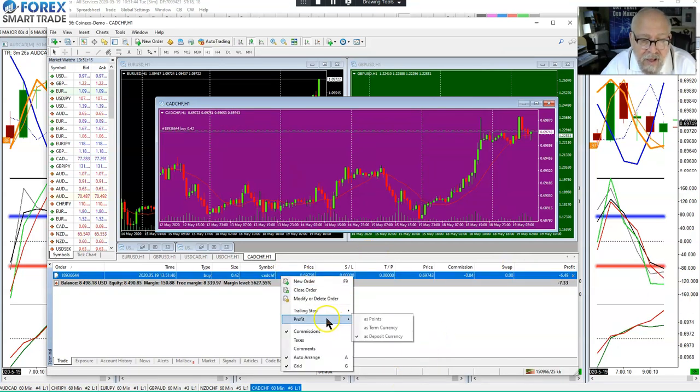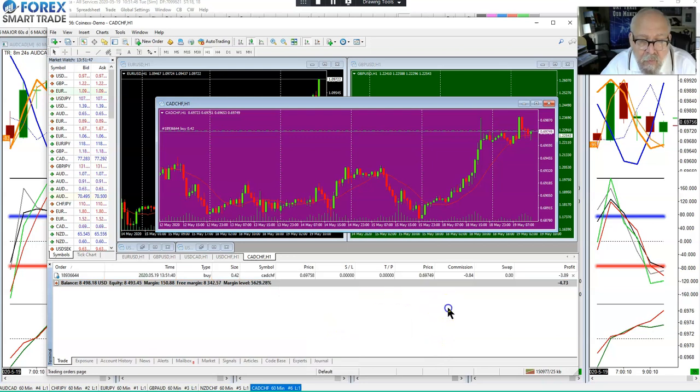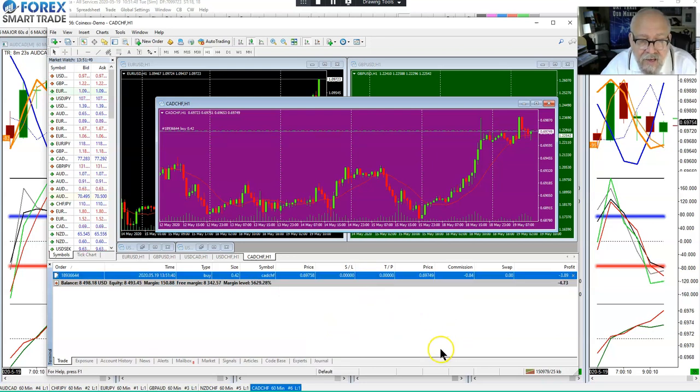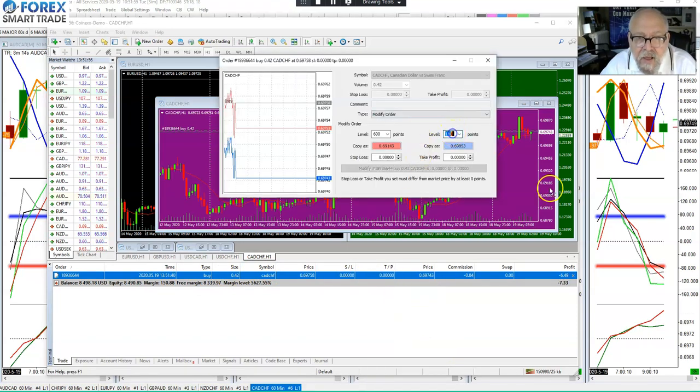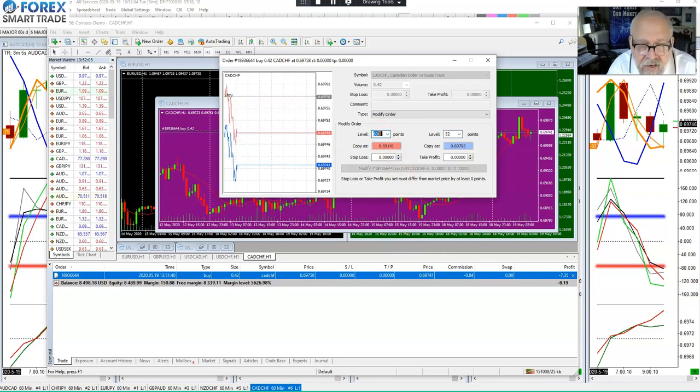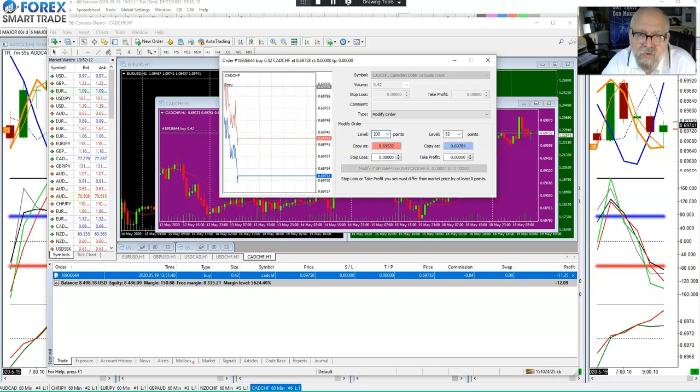I'm going to do my trade in 2 steps. One is the actual buy sell, and then once the trade is recorded, I highlight it by just clicking anywhere along the line. I right click, go to modify. I am going to change my parameters to 0.52, which is 5.2 pips, and right now for new traders, you are going to use 4 times whatever the potential take profit is.